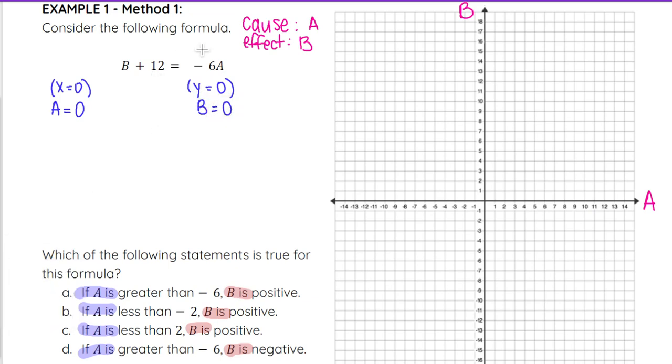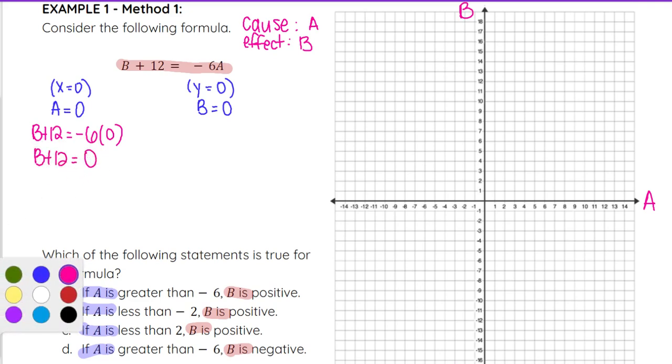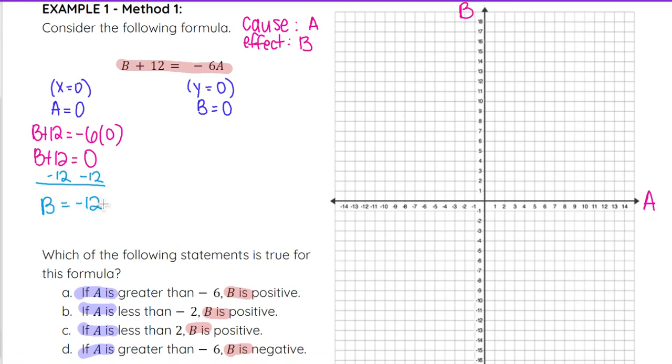So let's go ahead and do that in this given equation. b plus 12 equals -6a. If we plug in 0 for a, we have b plus 12 equals -6 times 0. So b plus 12 equals 0. Subtract 12 from both sides, and we get b equals -12.